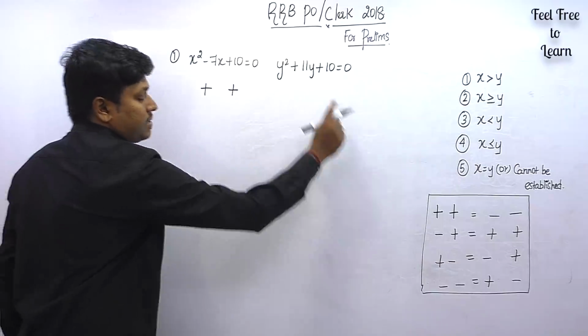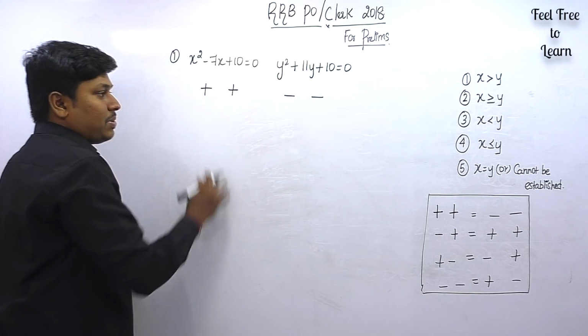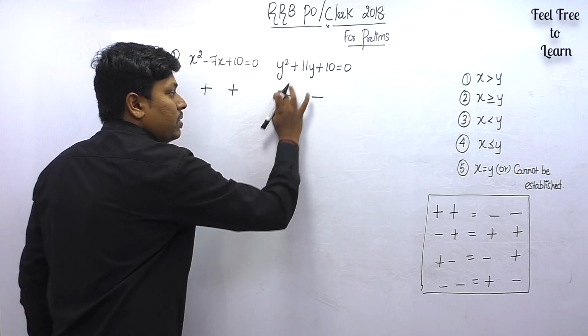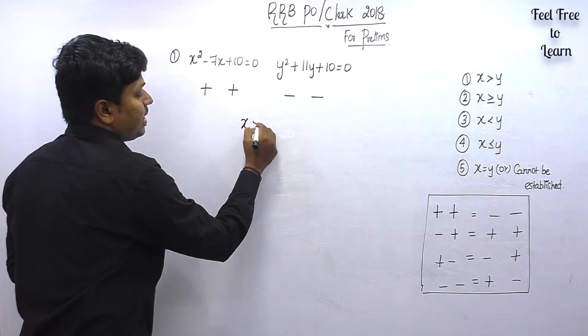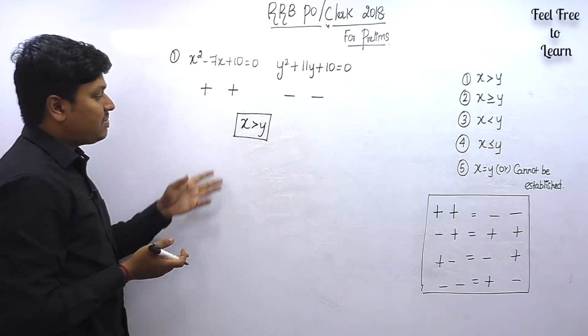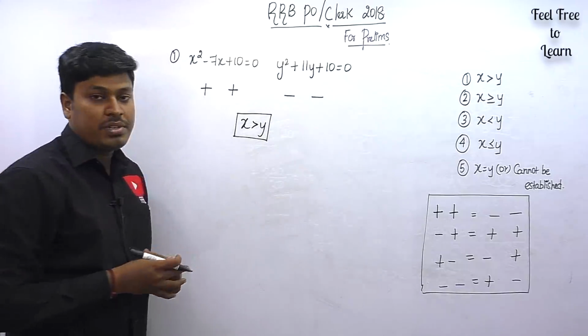Similarly, if it is plus and plus, then both the factors will be minus and minus. So the x factors, both the terms are positive, and the y factors, both the terms are negative. Without solving this question, we can directly say that the answer is x greater than y, because positive will always be greater than negative. So the answer for this question is x greater than y, which is option number 1.